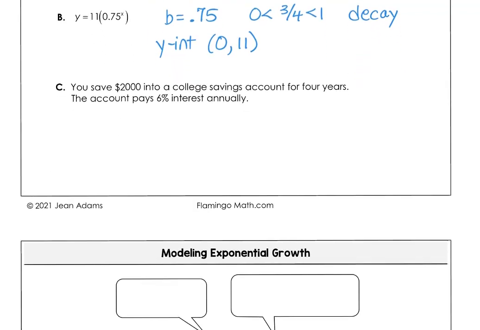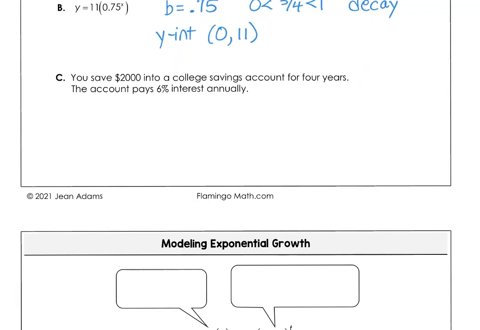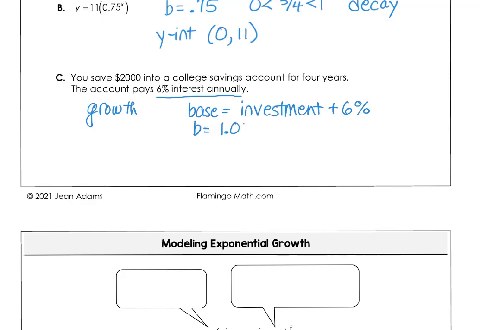And then finally on the C portion, if you save $2,000 into a college savings account for 4 years, the account pays 6% interest annually. So this is a growth factor because we're growing by 6% each year. If you think about the base, your initial investment is your $2,000 plus a 6% growth, so your base is going to be 1.06.